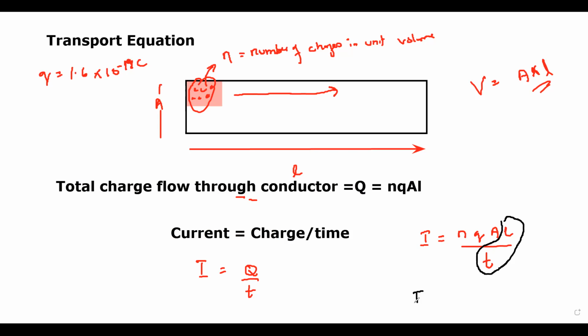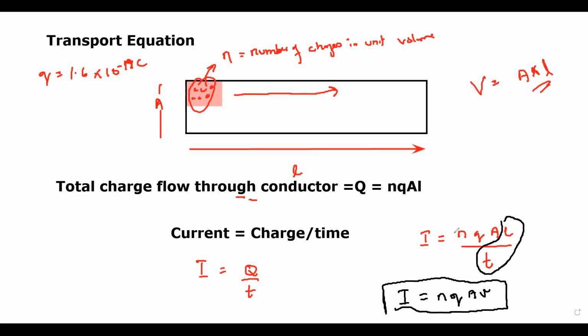So we can say the current flowing through a wire is equal to NQAV, or NAQV. This equation is called the transport equation. Transport equation means it shows how many charges are moving through the full wire every second.